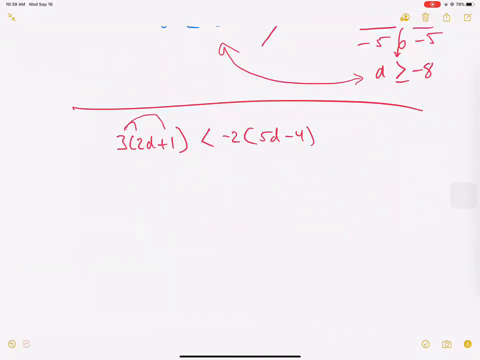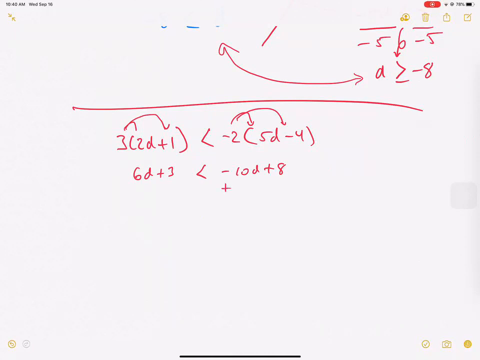So it becomes 6d plus 3 less than negative 10d plus 8. Just multiply out your parentheses. And then we're left with the problem that we had before, where we have d's on both sides. Would you like the d's on the left or the right? I'm seeing which one is greater, the left, right?